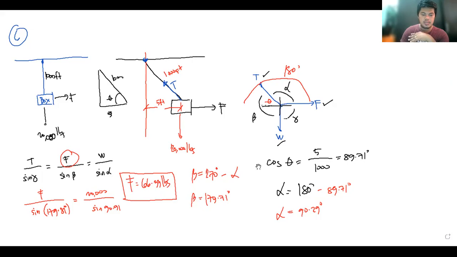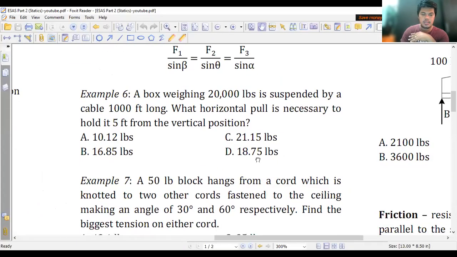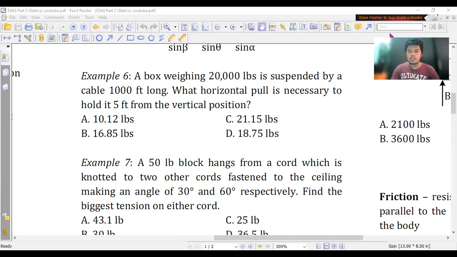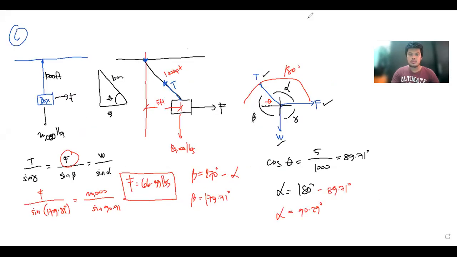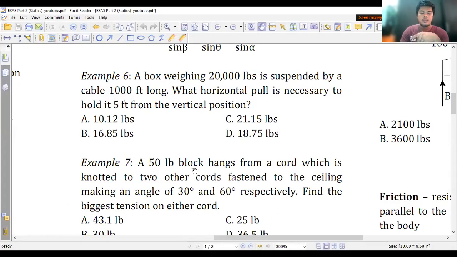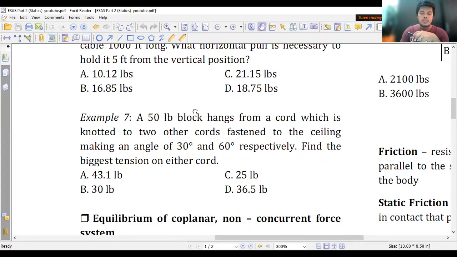The presented choices do not show 66 pounds, so we leave it as the answer for the given number 6. Let me check again, that's 66.33. Okay, 66.33 as our answer, and then we proceed.